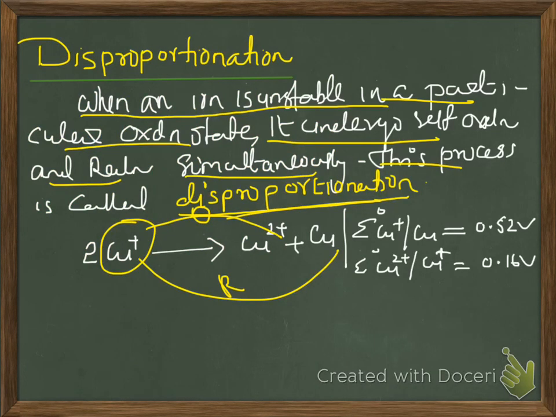So, for this reaction, E0 Cu plus bar Cu and E0 Cu2 plus bar Cu plus both have been given. Oxidation half is considered to be anode and reduction half is considered to be cathode. What is EMF of the cell? EMF of the cell equal to E0 cathode minus E0 anode. Which is cathode?